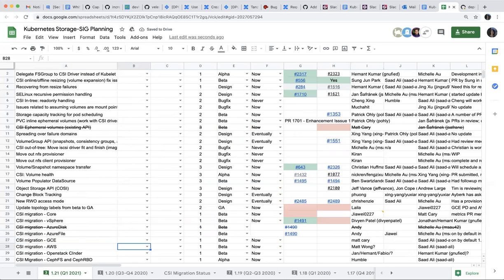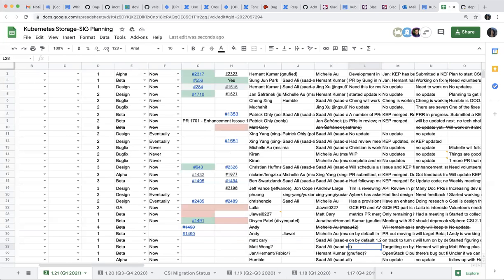Next one is CSI migration AWS. Matt Wang, do we have an update? Targeting on by default, is this still the same? I think they don't have any work to target for 1.21, but they are working on being on by default by 1.22.